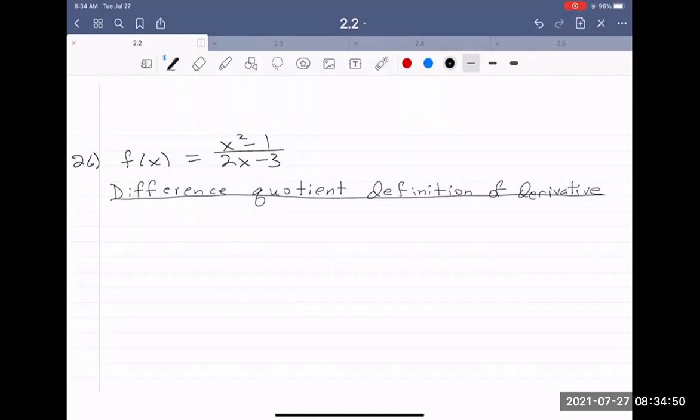So the derivative is the limit as h approaches 0 of f of x plus h minus f of x, all divided by h.